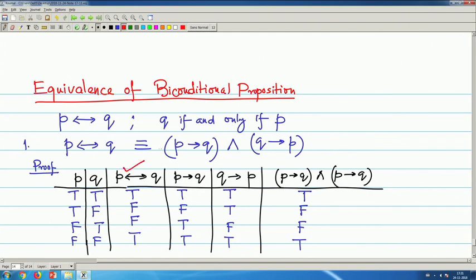Our LHS is T F F T and the RHS is T F F T, which means these are equivalent. So it is proved.